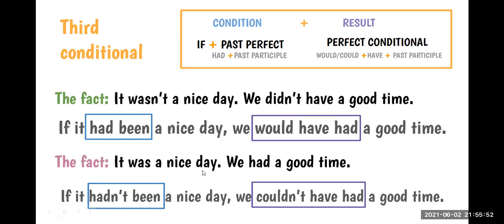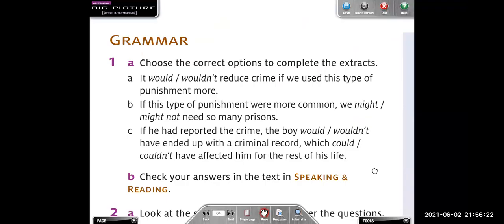Fue un buen día y la pasamos bien. Tuvimos un buen tiempo, ¿cierto? Entonces aquí puedo decir, si no hubiese sido un buen día, estamos hablando del clima, ¿cierto? No hubiésemos podido pasar un buen tiempo o pasarla bien. ¿Ok? Entonces hablo de algo que es irreal en el pasado. ¿Ok? And here we have some examples.